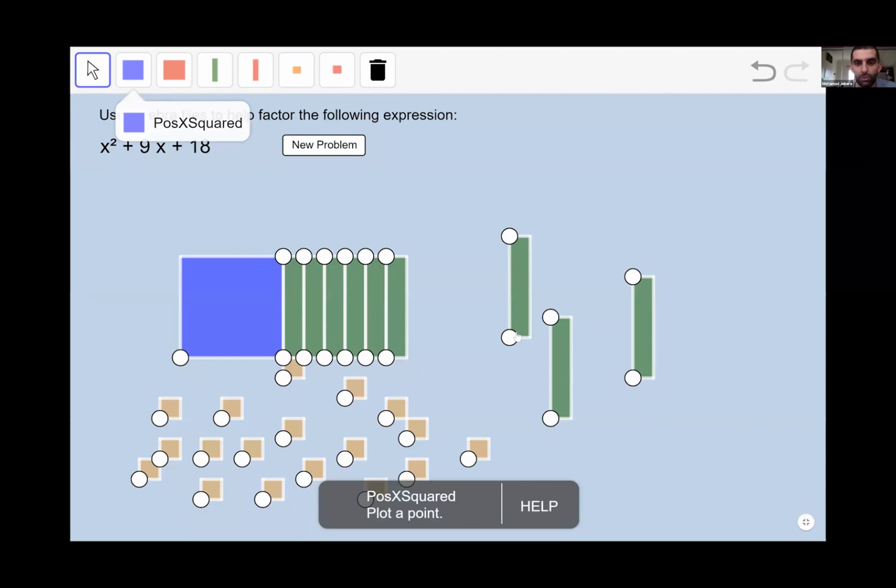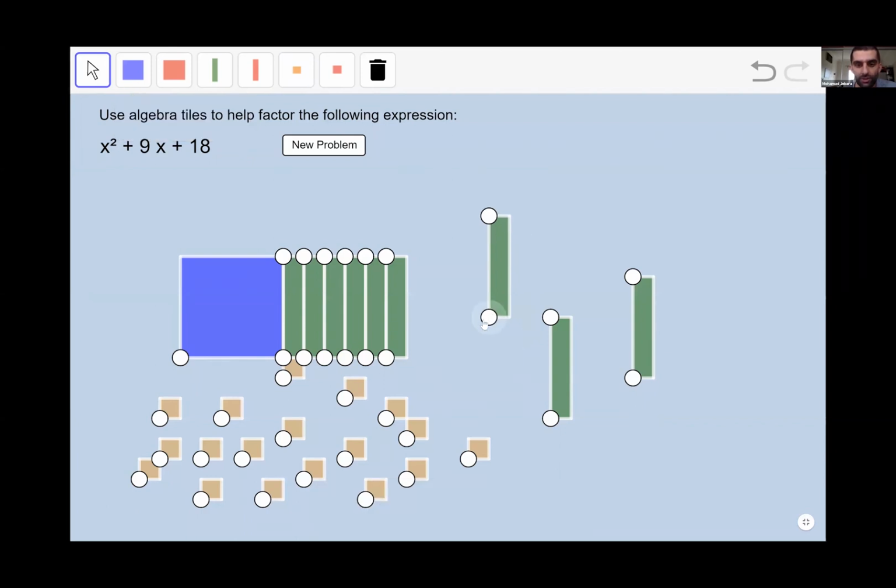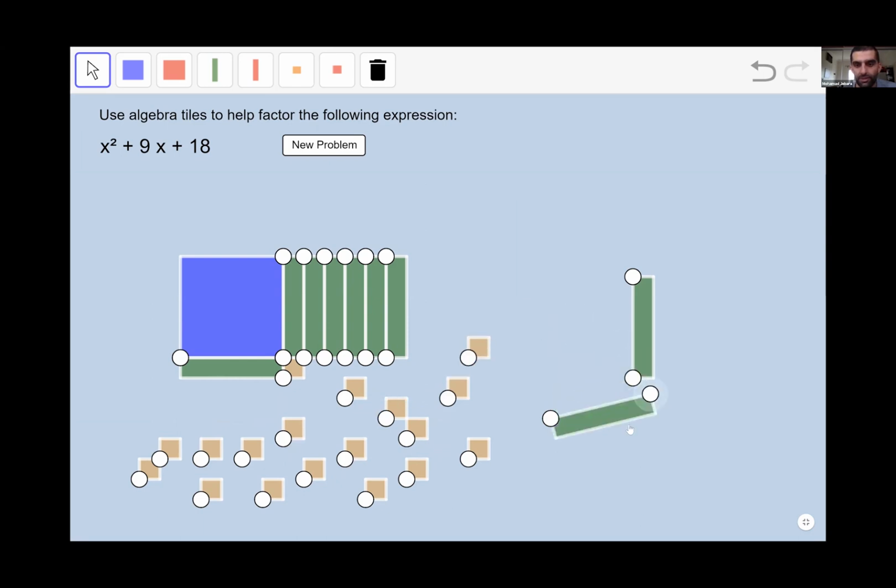All right, let me start moving these around. I can turn these around as well, rotate them, and put them under here. So move these over. Let's rotate this. And what I'm trying to do is to get a perfect rectangle.